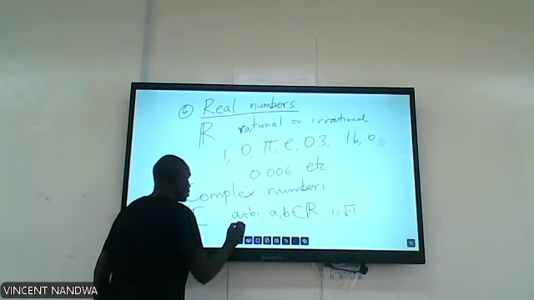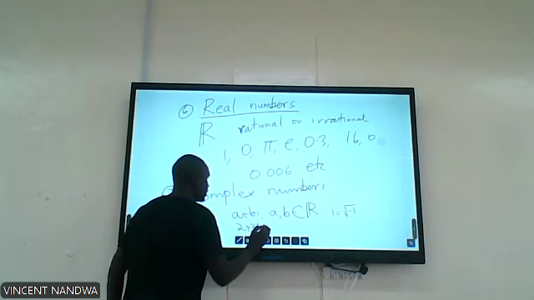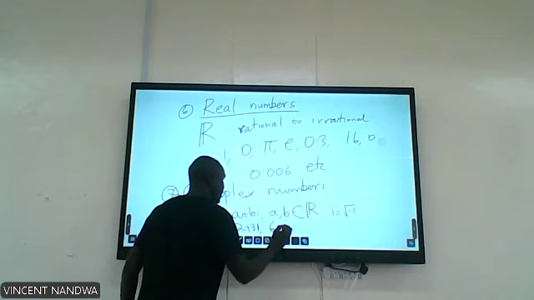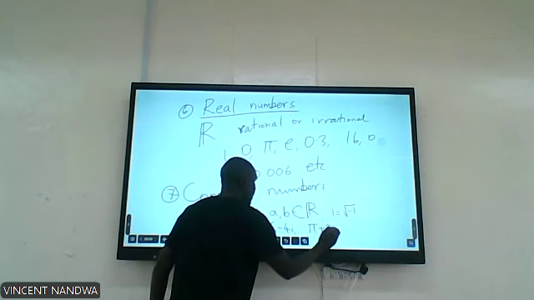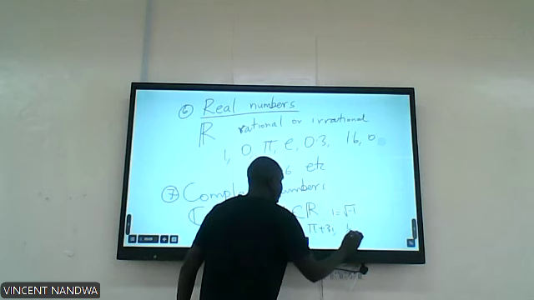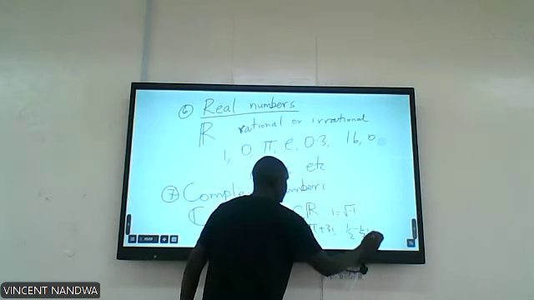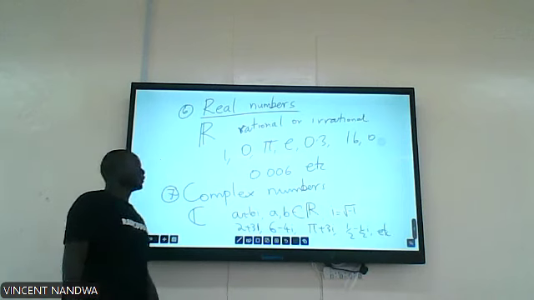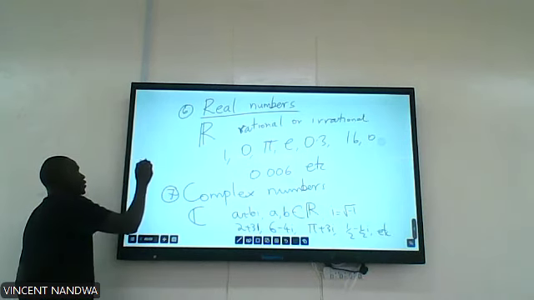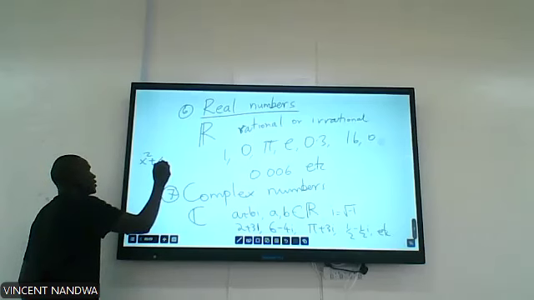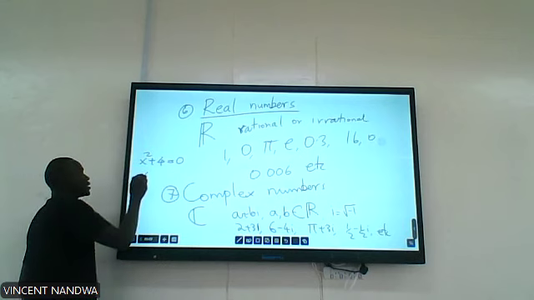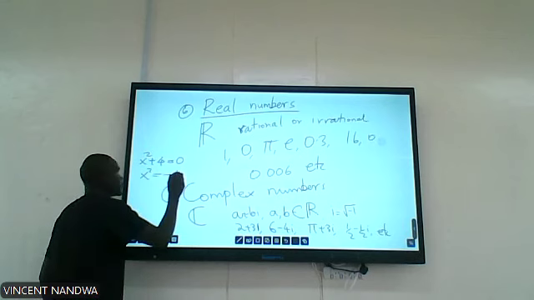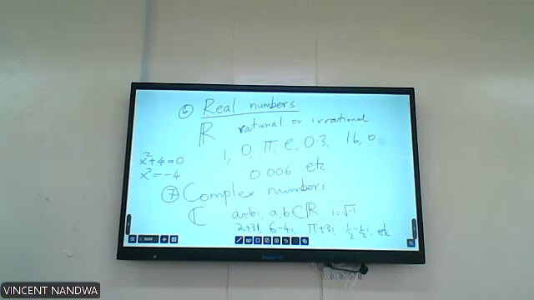So for example, 2 plus 3i, 6 minus 4i, 5 plus 3i, a half minus a half i, etc. For example, if you are asked to solve x squared plus 4 equals 0, then we'll have x squared equals -4.